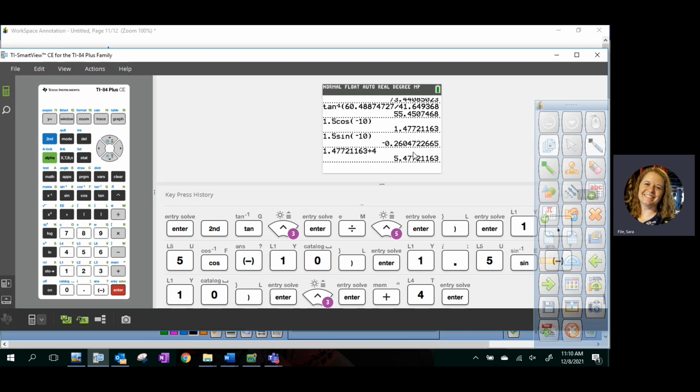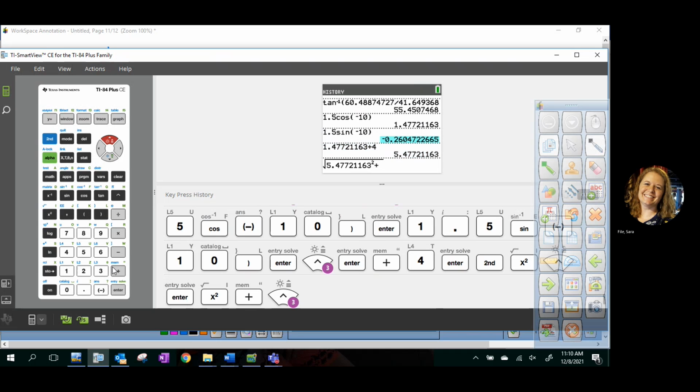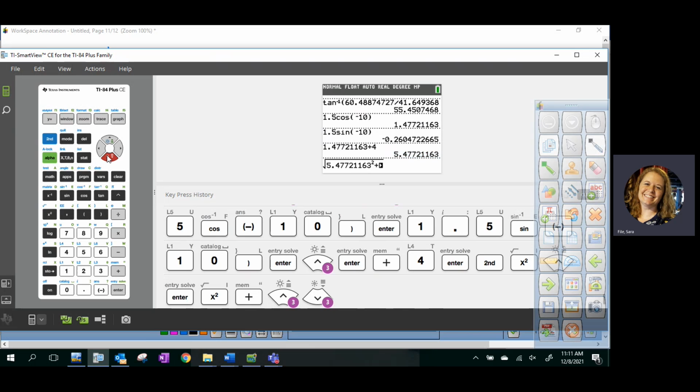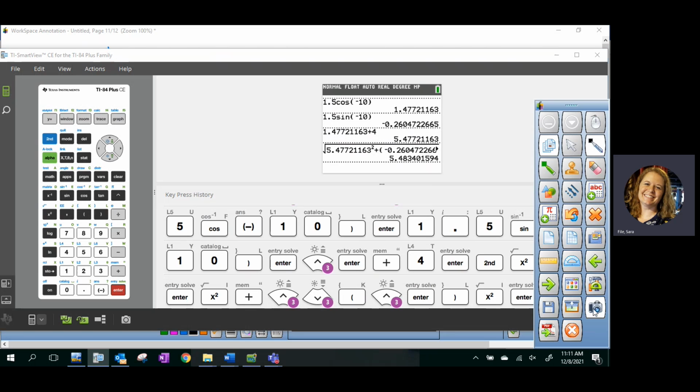Okay, so now that's my A and B. Okay, so I'm going to do the square root of a squared plus. Now I need to enter this one because it's negative in parentheses. Squared. Okay, and that comes out to 5.48.